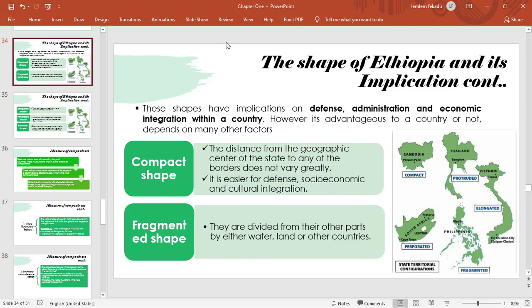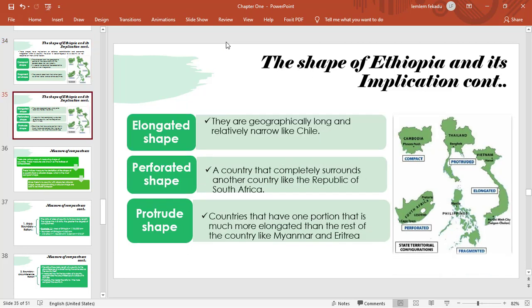Such examples are countries like the Philippines, which is divided into many pieces by water bodies. Such a type of country is advantageous for ports.